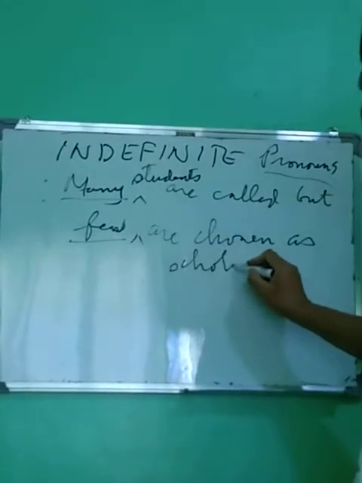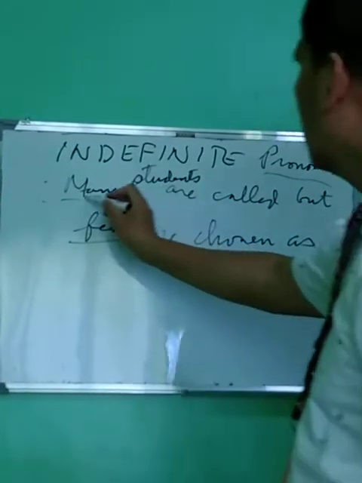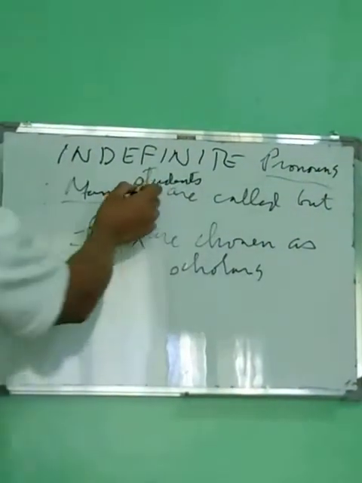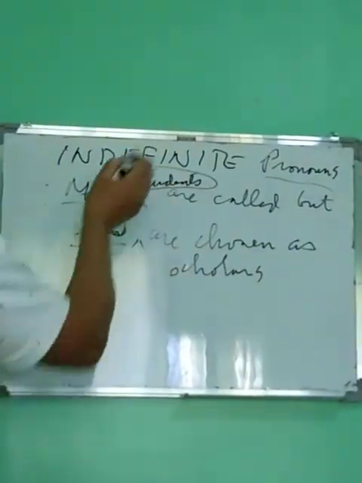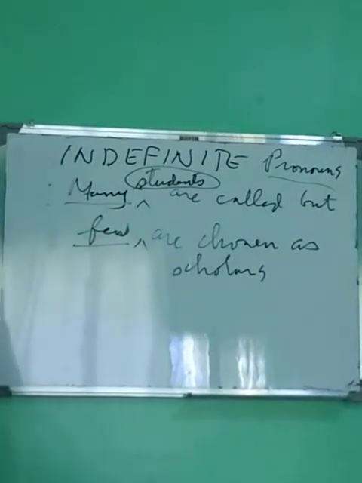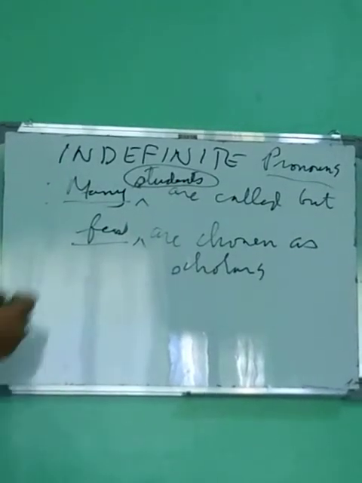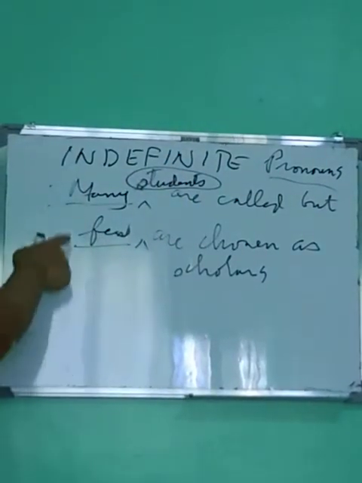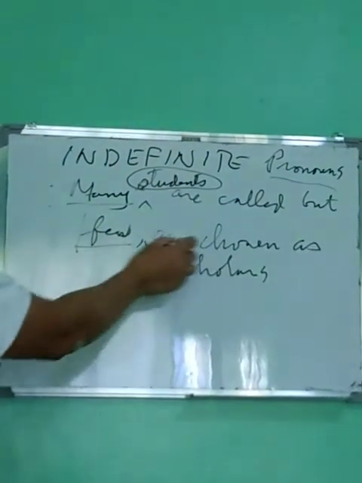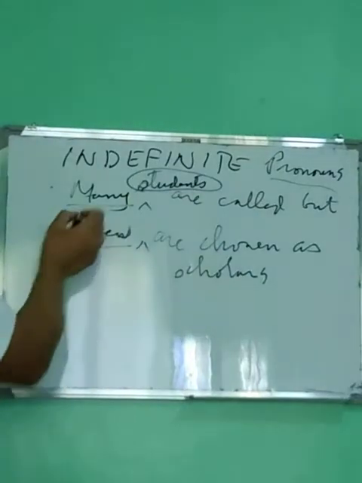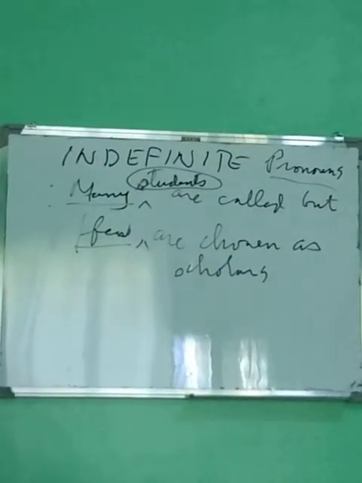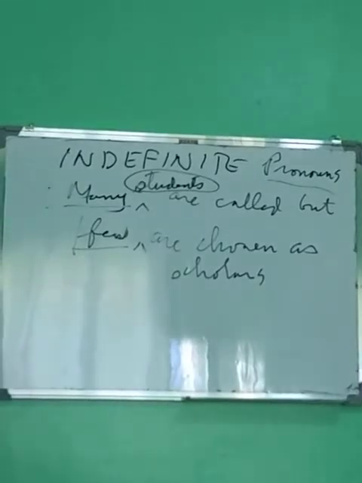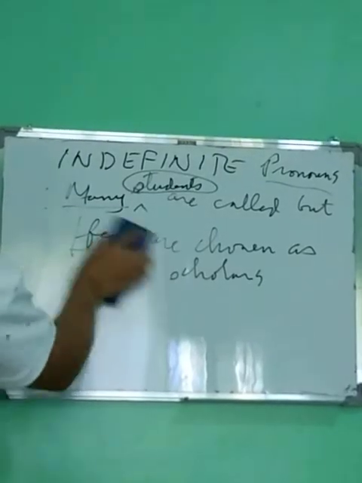So this statement now, when we talk of many students, because it is followed by a noun, it is now an indefinite adjective. Oh, this one, indefinite adjective. But in this phrase, few are chosen, the word few is still an indefinite pronoun because there is no noun that follows. Clear? Okay.